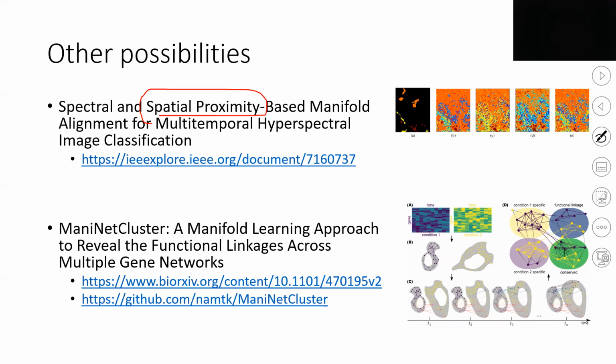This will use satellite data, called the hyperspectral image of the Earth's surface for a certain region, in different seasons, where maybe you want to align them somehow. And this application is manifold learning applied to gene regulatory networks, but collected from different time points.